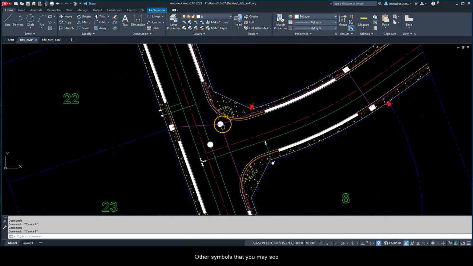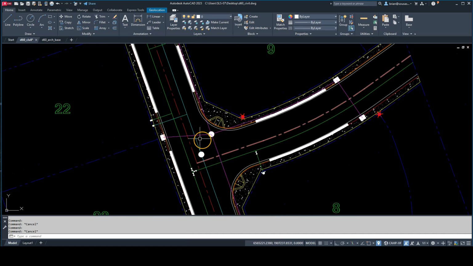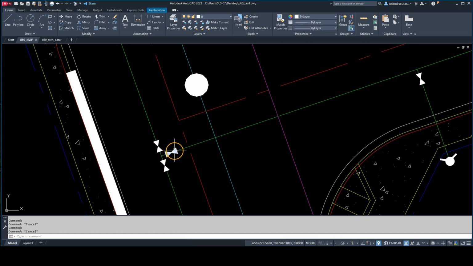Other symbols that you may see are these large circles. Large circles represent manholes, areas associated with each utility where somebody can physically climb into that structure. Also associated with the water lines are what we call water valves.